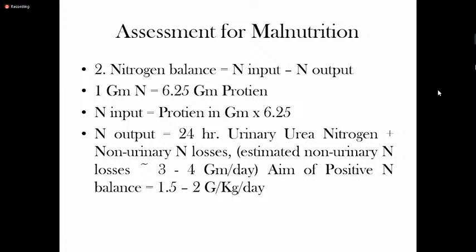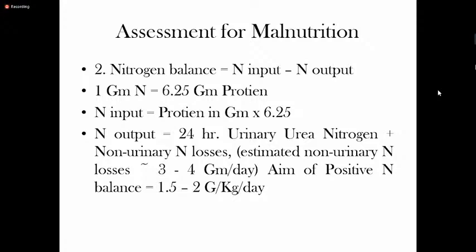Okay. And then we have nitrogen balance. Nitrogen balance can also be used. Okay. And nitrogen balance is nitrogen input minus nitrogen output. So 1 gram of nitrogen is given there, and the total nitrogen in protein is that times 0.25. Okay.